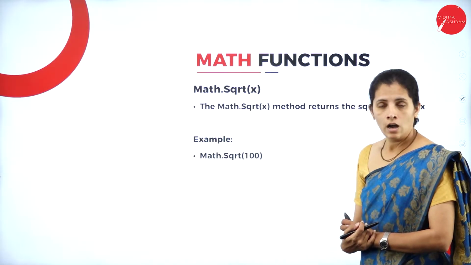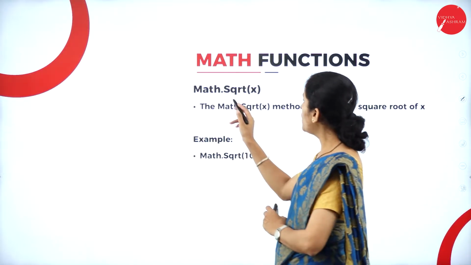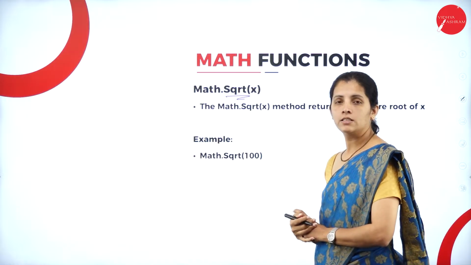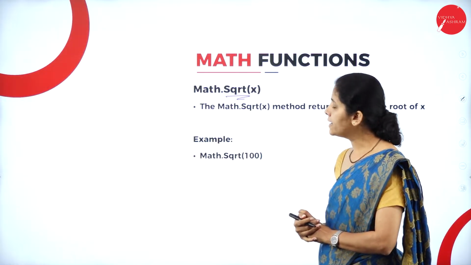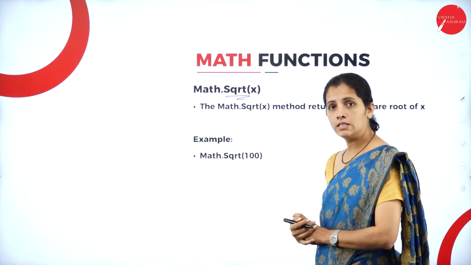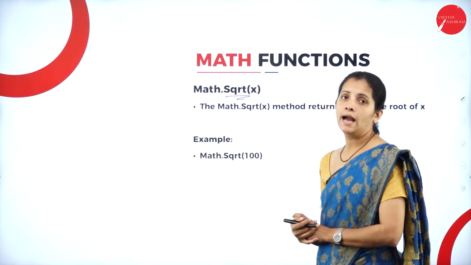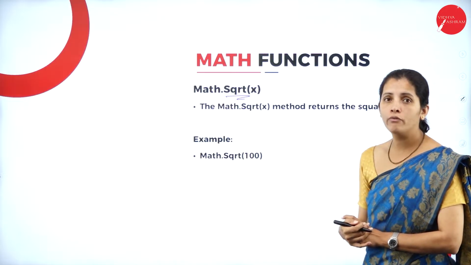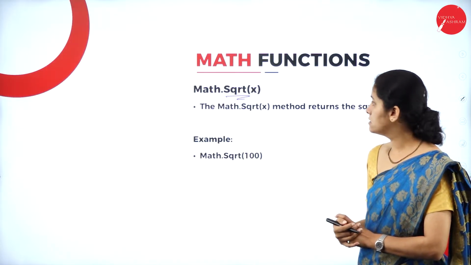Now I'm going to have the square root function. Suppose I want to find the square root of any given number, instead of writing the program, I can make use of built-in methods.